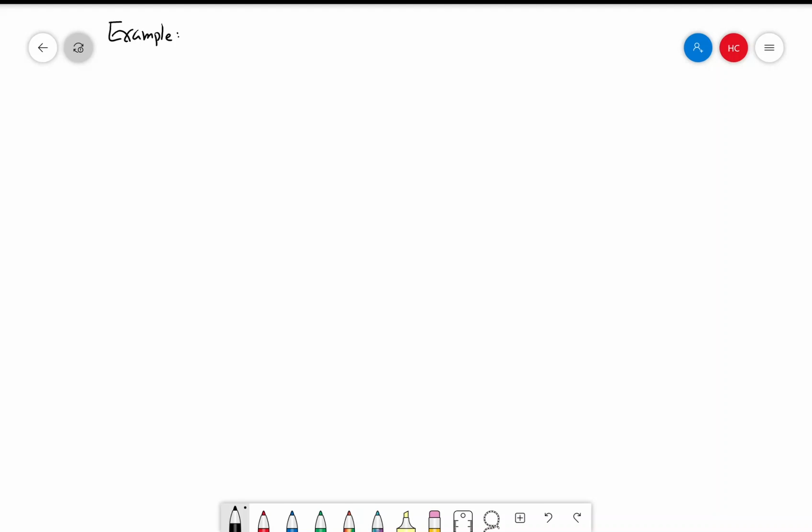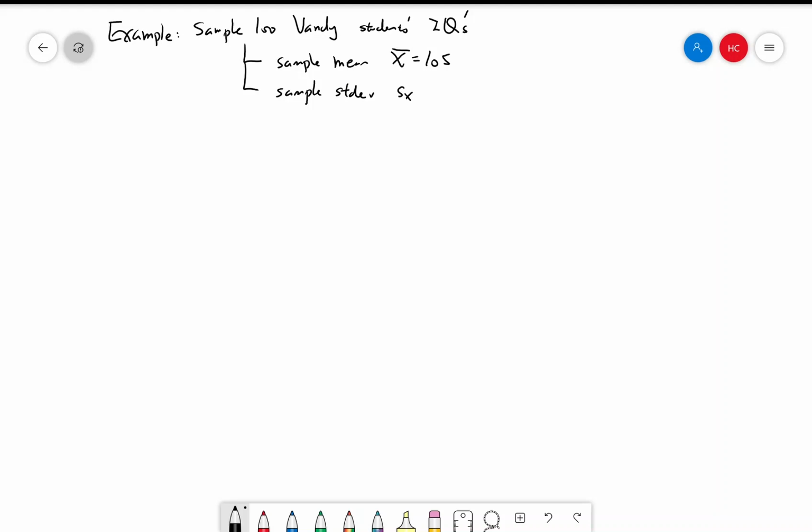So let's sample 100 Vandy students' IQs. You sample 100 Vandy students and measure their IQs. Let's suppose their IQs have sample mean 105 and sample standard deviation equal to 20.